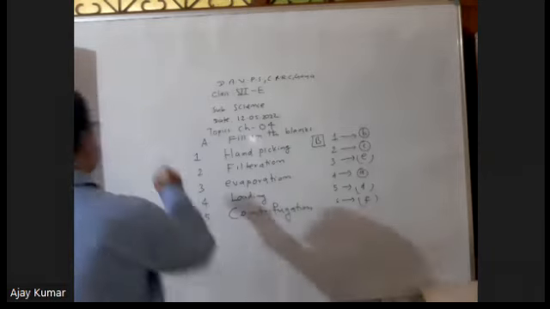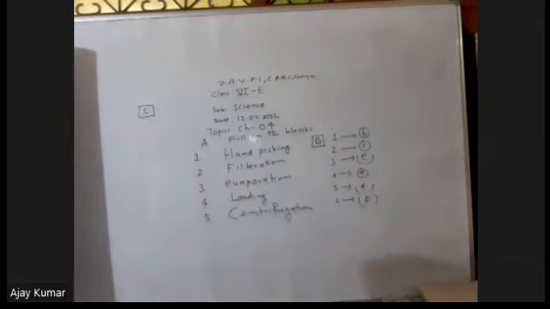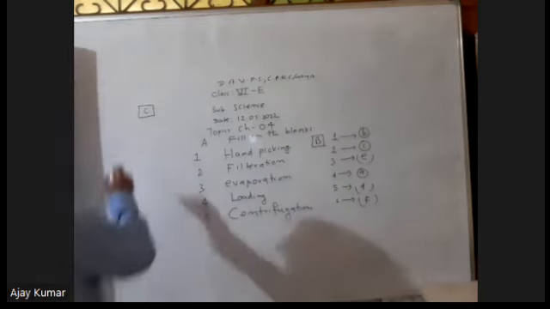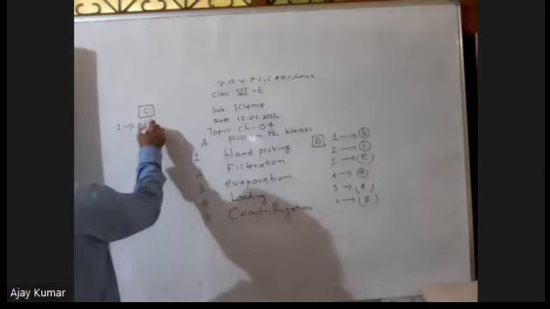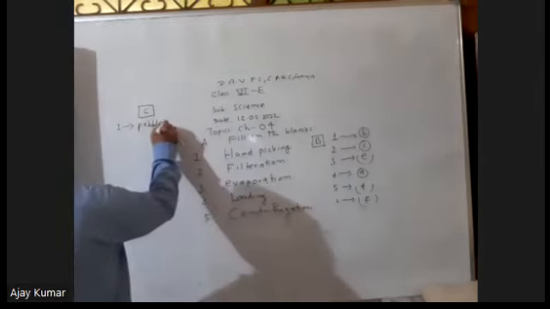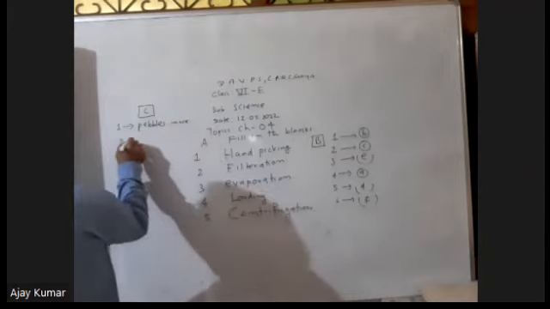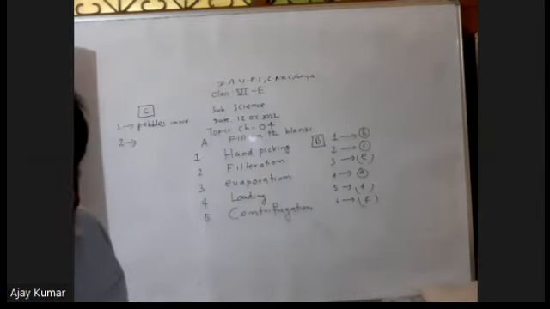Answer of C.1: pebbles in rice. Second, which of the following is not an example of a pure substance? Air.